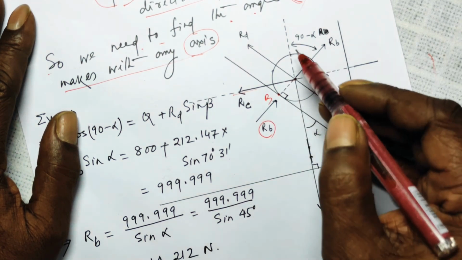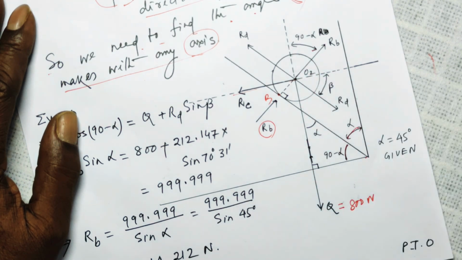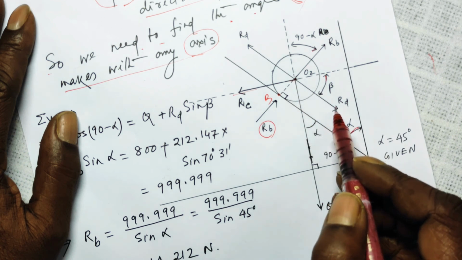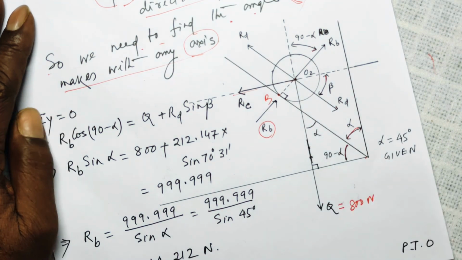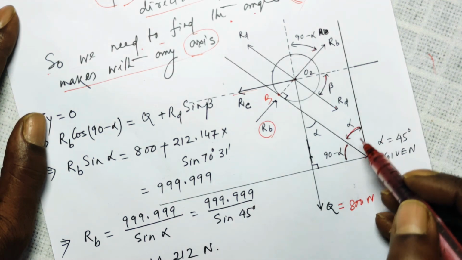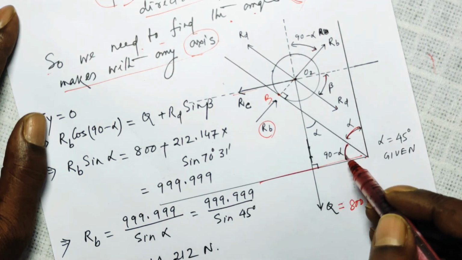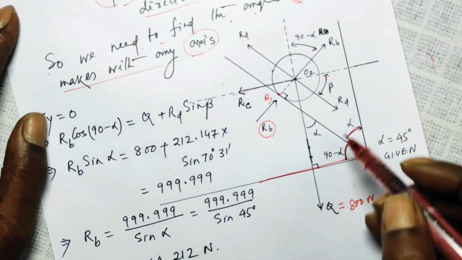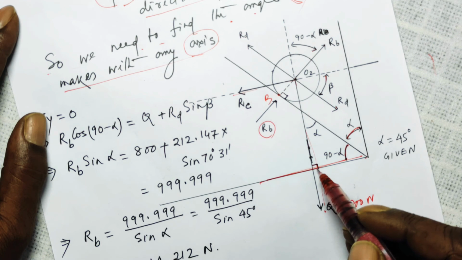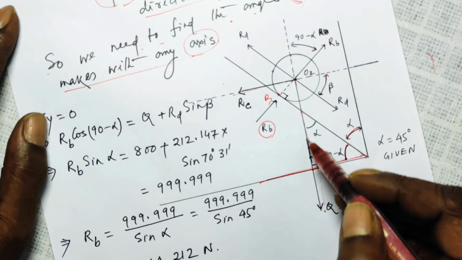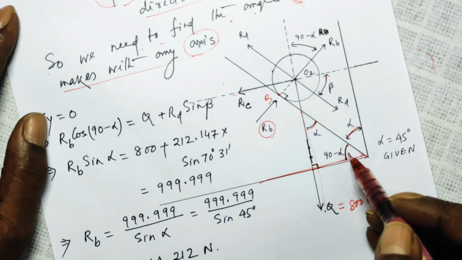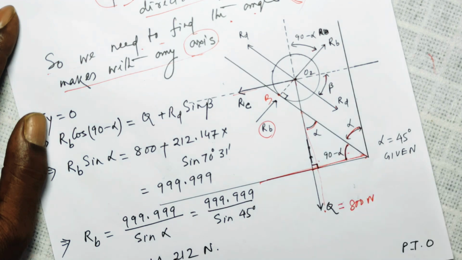Now the question is how this angle is 90 minus alpha, right? This angle is beta, that is already explained, RD making with the horizontal. Now look, this is alpha. If you draw a horizontal line, this will be 90 minus alpha. This is horizontal, this is weight, perpendicular to it. So this is 90. So in this triangle, this angle will be alpha, because the sum of the 3 angles has to be 180 degree.